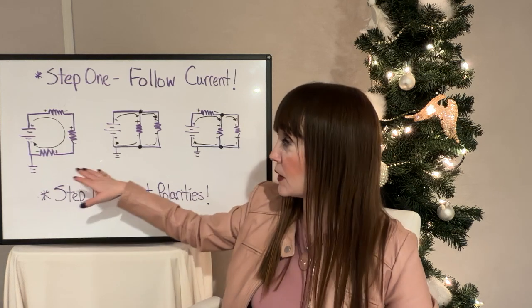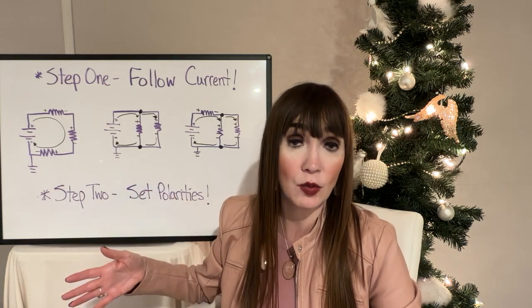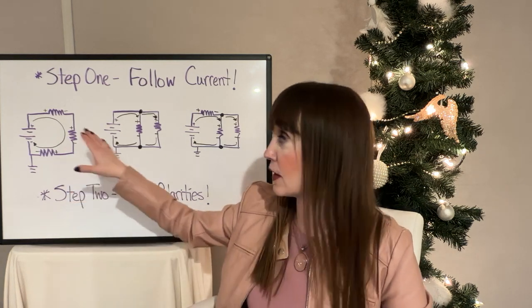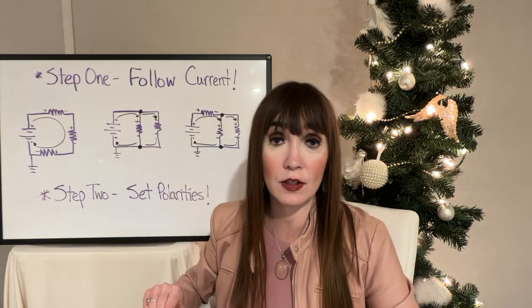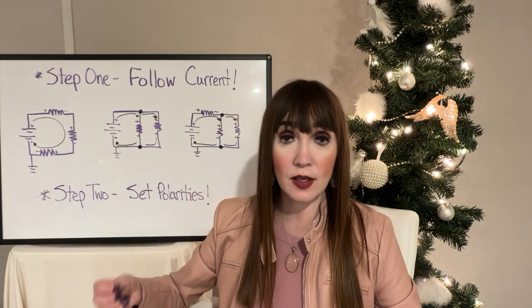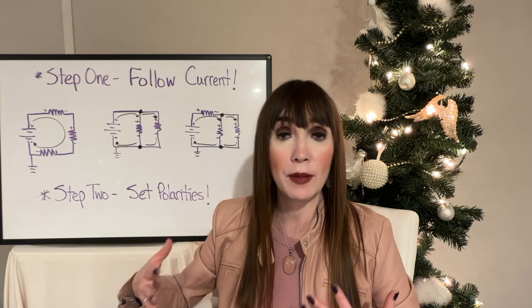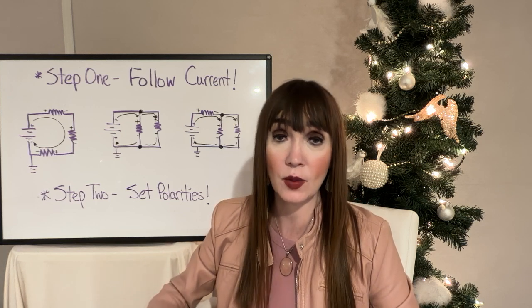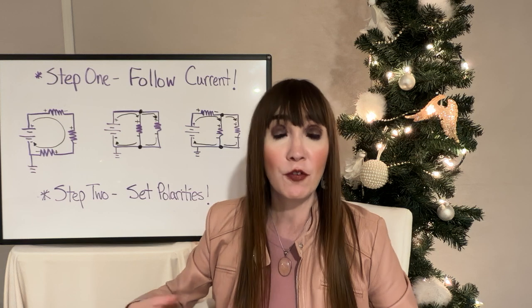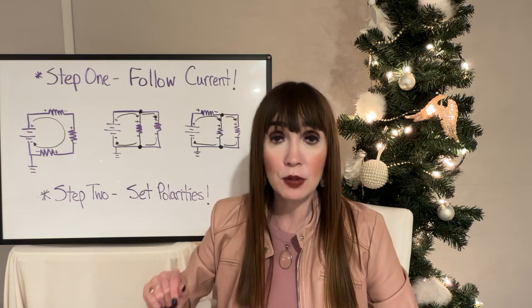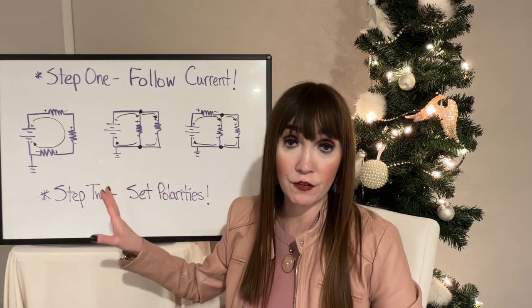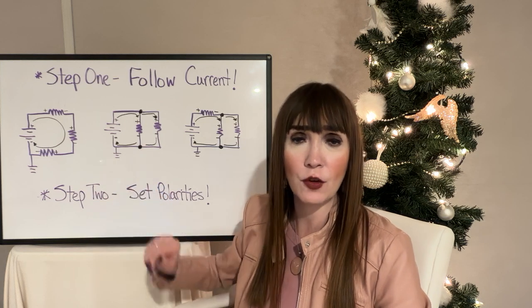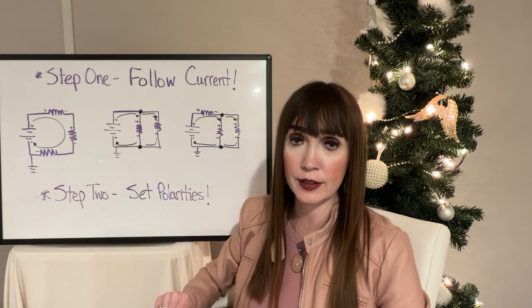First of all, it's going to help us determine what type of circuit we have. Do we have current staying the same, or do we have current dividing? And it's also going to give us helpful hints when we're tasked to find unknowns. So I like to say before we begin our analysis, please follow current first, and get a feel for what's going on with that current.